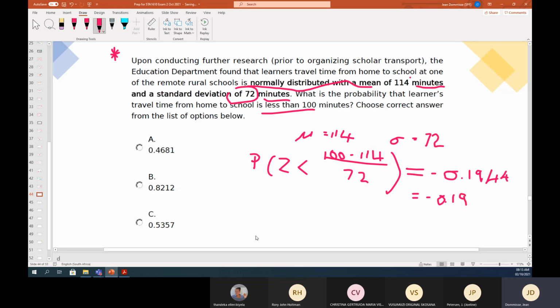Okay, so if we look at the table where that is Z, and in the middle is Z0, the minus 0.19 will sit somewhere here.